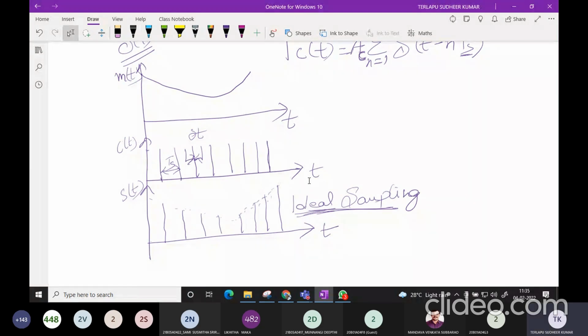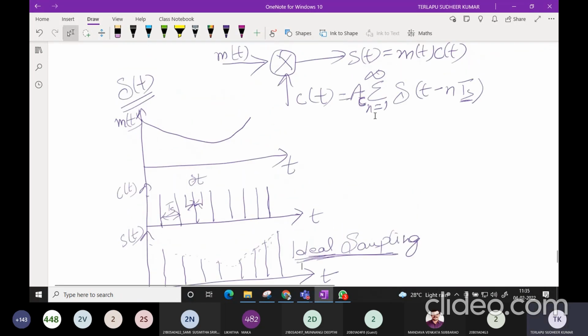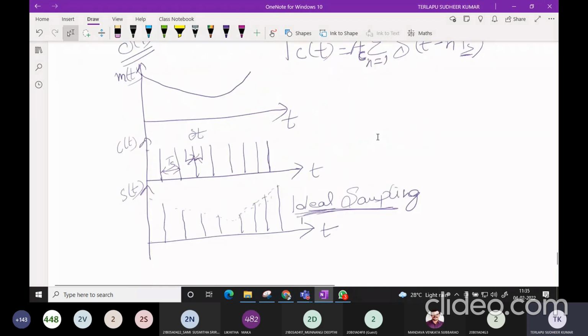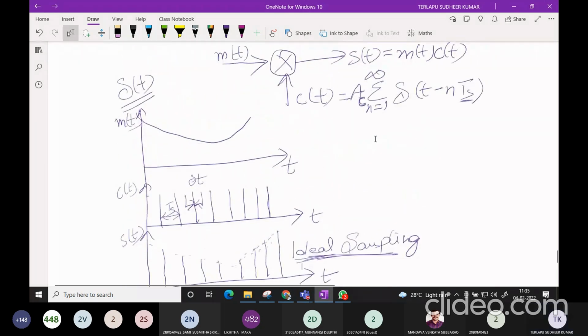The generation is done by using a simple multiplier. One input to the multiplier is M of t, and the other input to the multiplier is the train of impulses. And that impulse train we mathematically represented like this. Therefore, my output S of t equals M of t into Ac sigma n running from 1 to infinity.